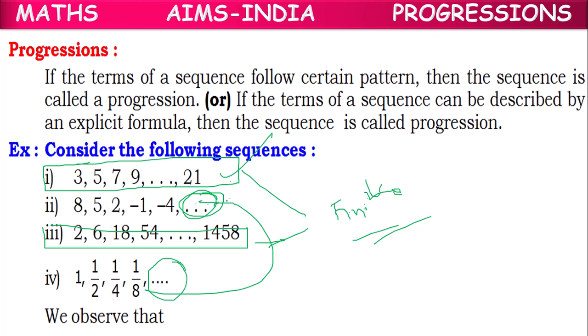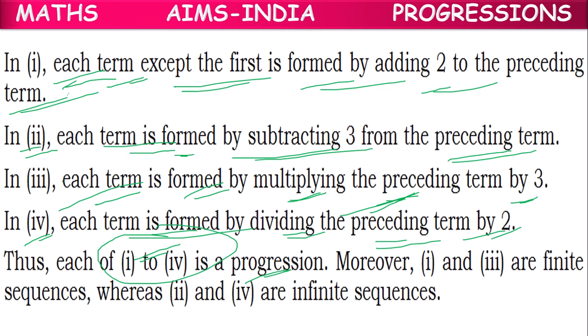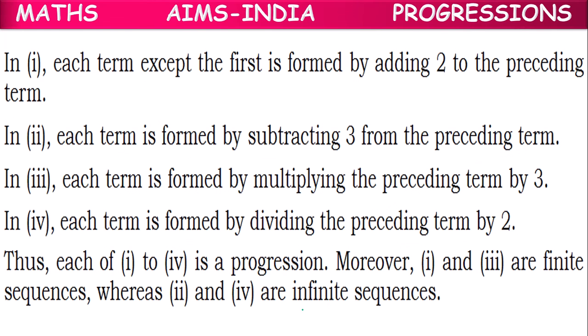It will go on like this forever. These two progressions will never end. These kind of progressions, we call them as infinite progressions. Number of terms we cannot count, they are infinite. So in progressions we have two types: finite progressions and infinite progressions, or finite sequences, infinite sequences.